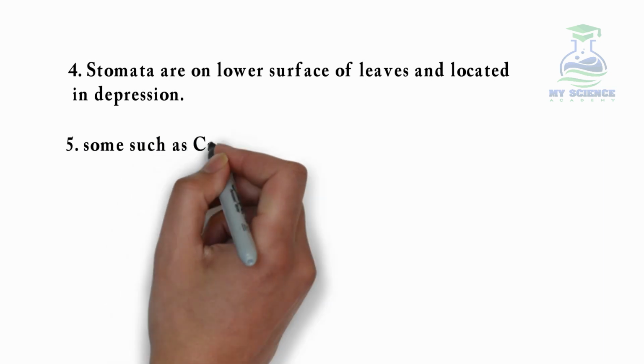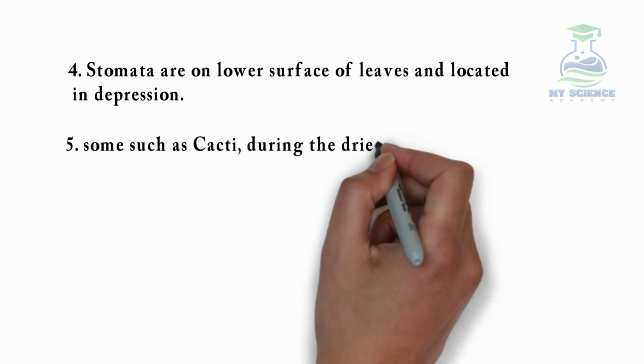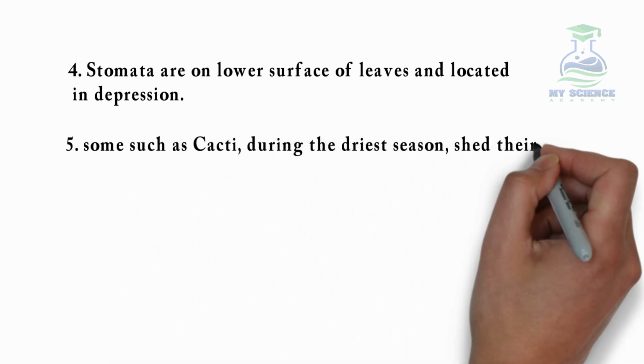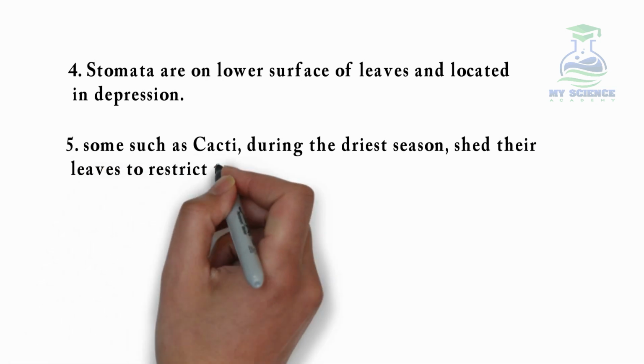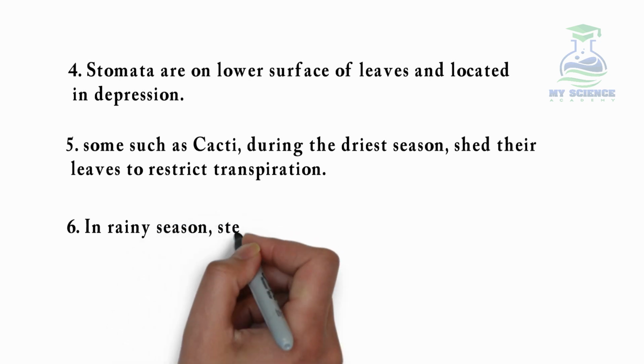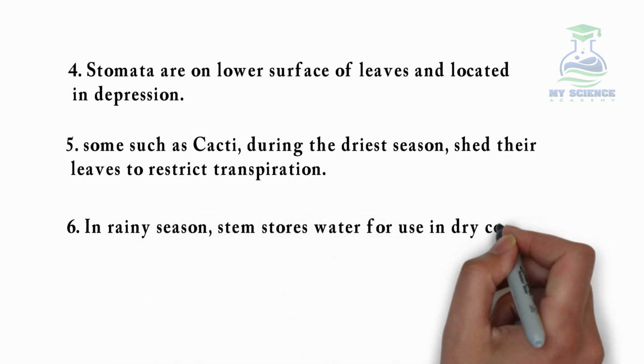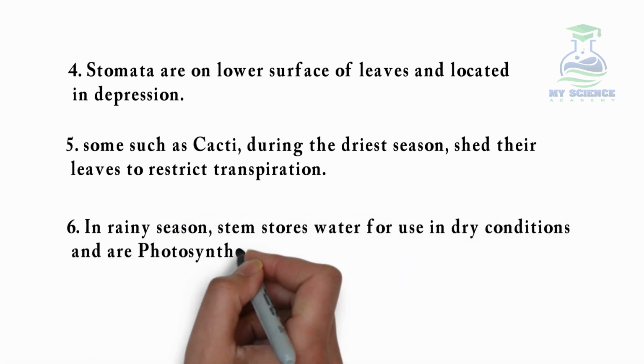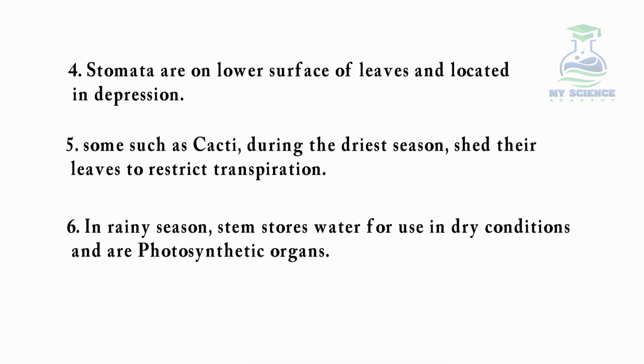Number 5, some such as cacti during the driest season shed their leaves to restrict the transpiration. Number 6, in rainy season, stem stores water for use in dry condition and are photosynthetic organs.